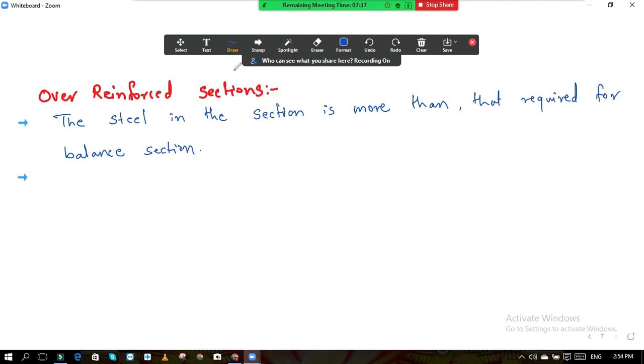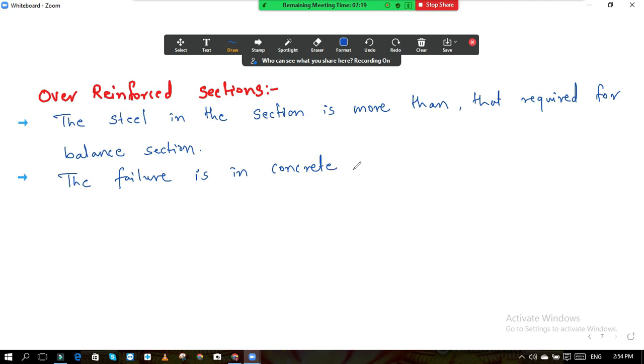Second, the failure is in concrete, so the concrete fails first. That is why we avoid these over reinforced sections.